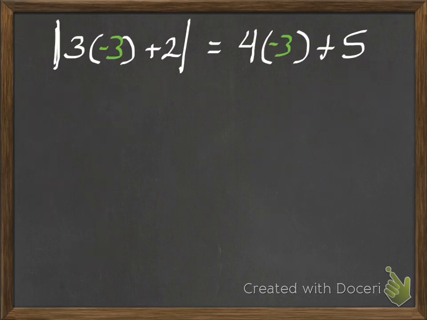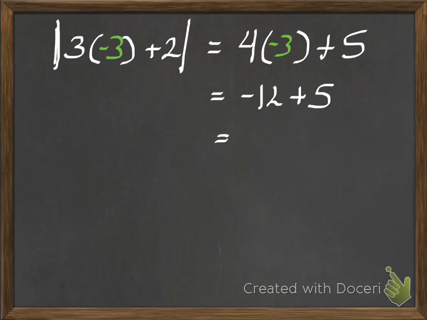And so if I do negative 3, over on my right-hand side, I'm just going to work my right-hand side all the way down until I get a number. And then I'll go back and work my left-hand side. And so on my right-hand side, I had 4 times a negative 3, negative 12, plus 5.